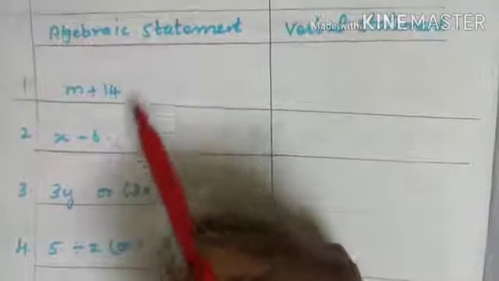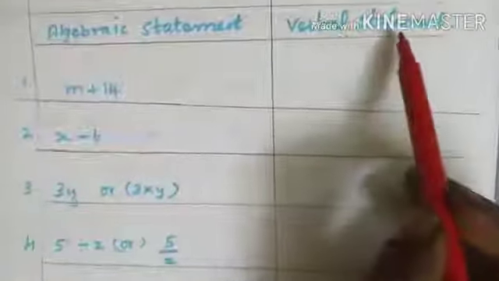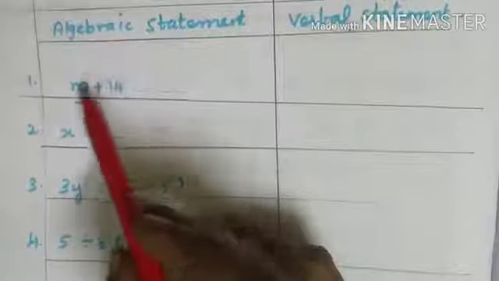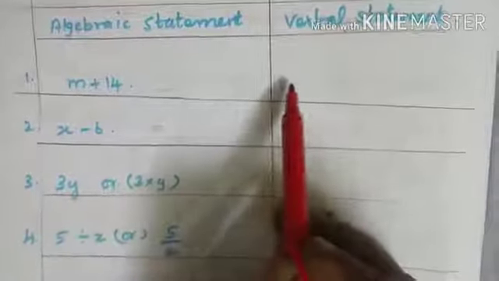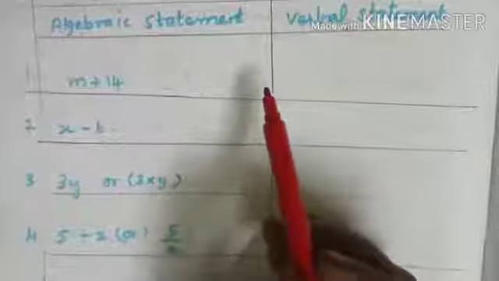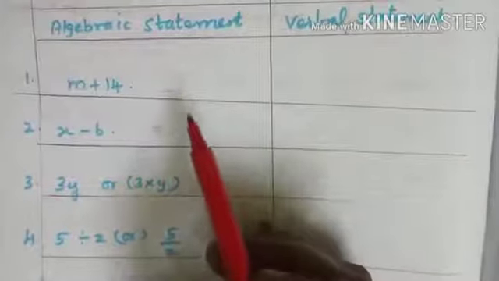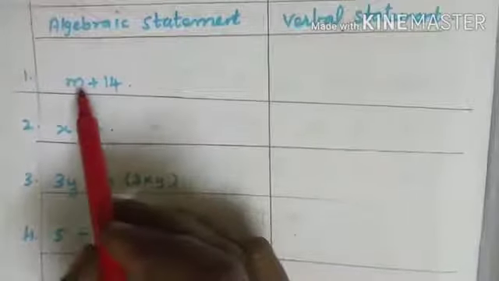Now the algebraic statements are given, and we are going to write them as verbal statements, in words. Words were given earlier and we wrote algebraic statements, isn't it? Now you see m plus 14. Here you can write it in your own words.